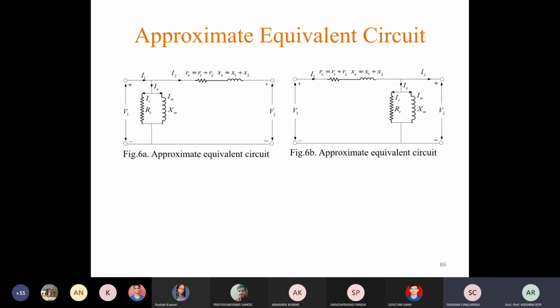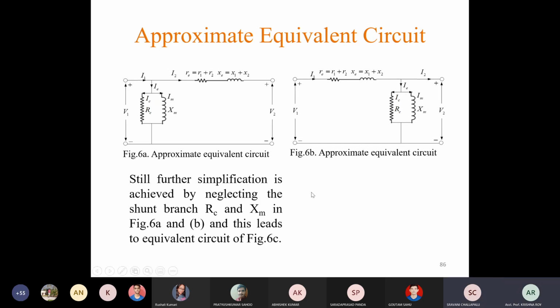Now, still further simplification can be achieved by neglecting the shunt branch parameters, that is RC and XC. As I have mentioned earlier, this exciting current is about 2 to 6% of the total rated primary current.